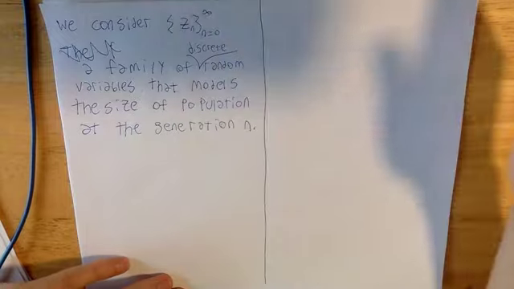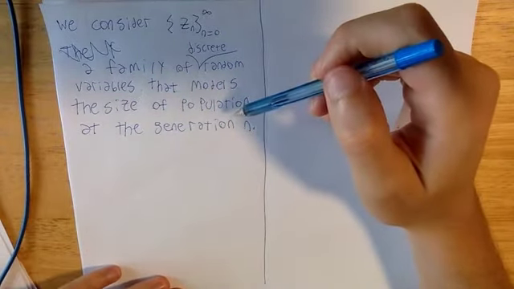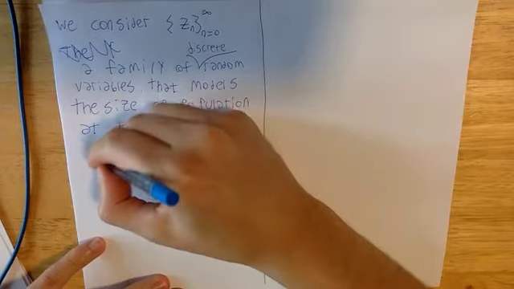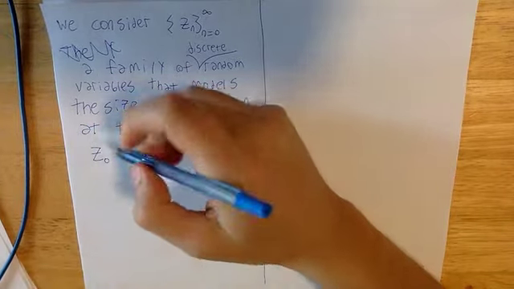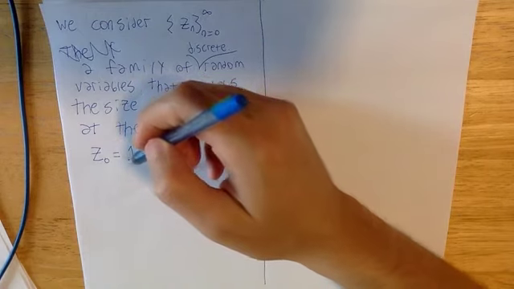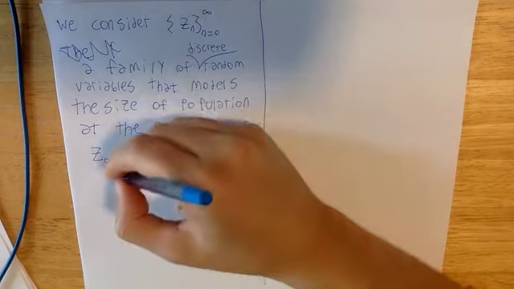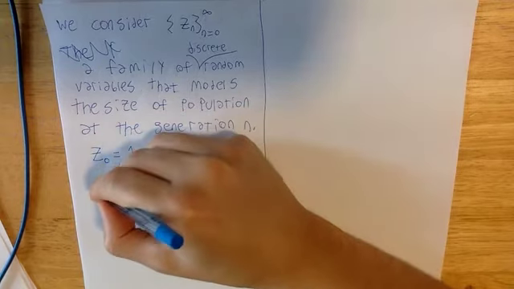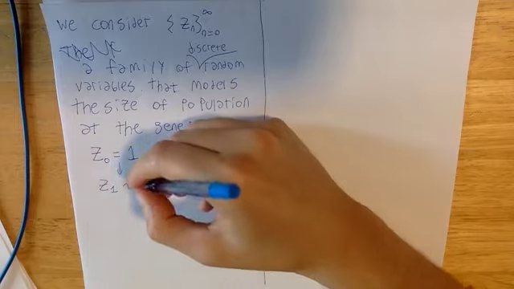So in particular what we have is Z0 is equal to 1, so we start with one infected person, or we start with one person, and then this one person will have offspring, Z1, which is distributed like X.